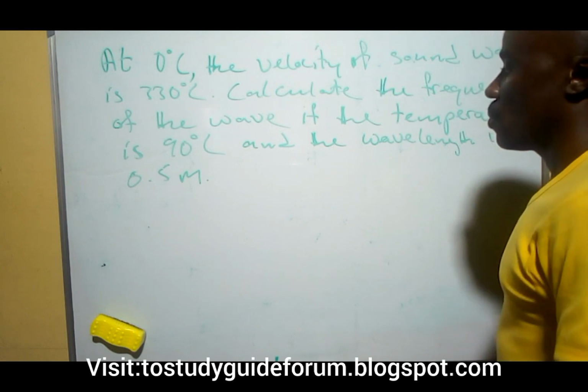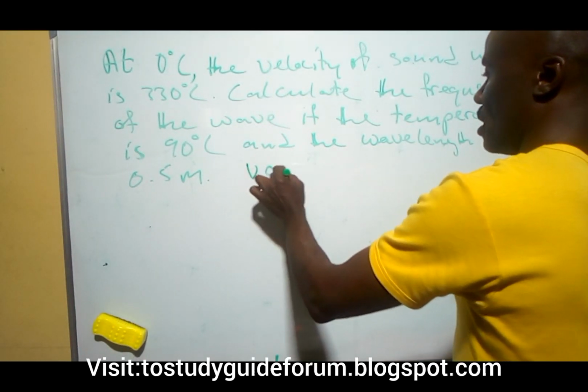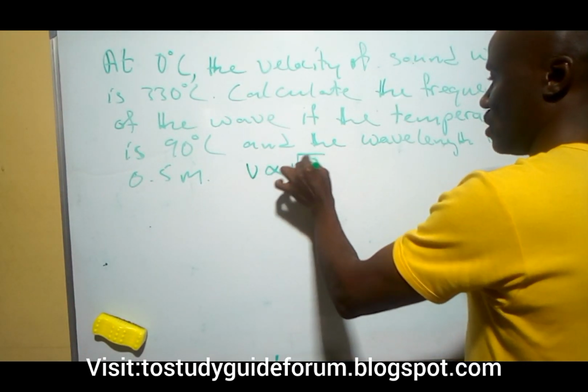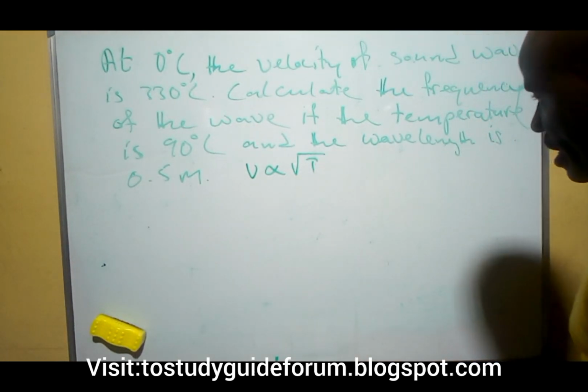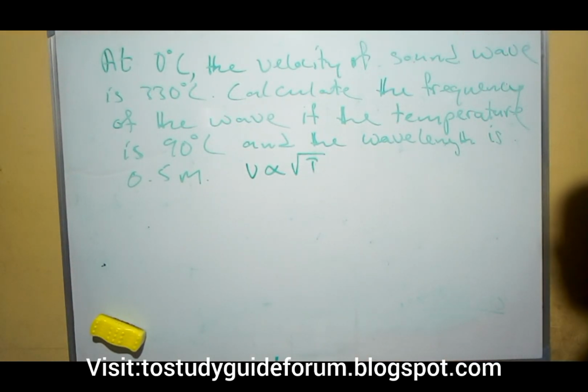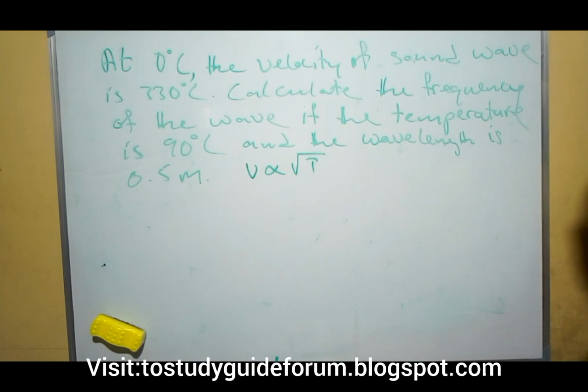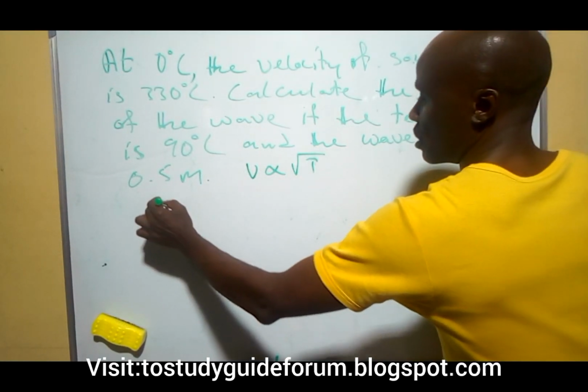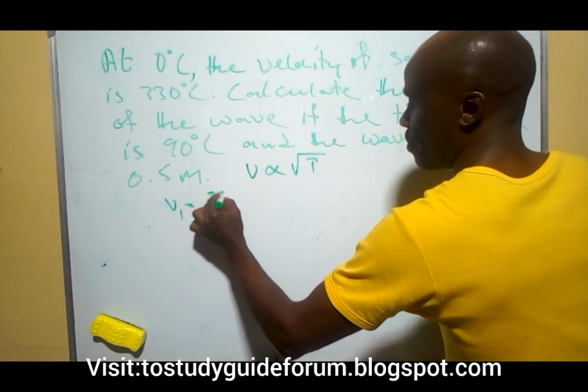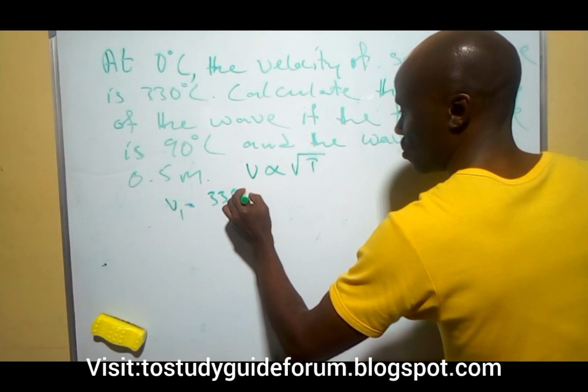And remember, we know that velocity is always directly proportional to the square root of the temperature in Kelvin. Now, let's look at how we're going to solve this. We have the first velocity, which is the velocity of sound in air at 0 degrees Celsius.